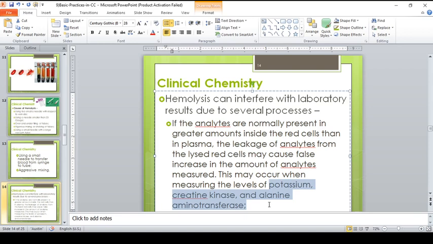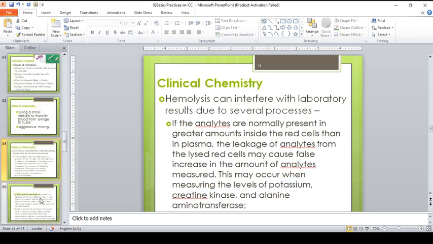Mali yung pagtaas ng level nila dun sa serum or plasma, kasi meron lang hemolysis. Kapag walang hemolysis, iba yung madedetermine na value compared kapag may hemolysis. So, anong ginagawa ng hemolysis? It increases the levels of the analytes. Kagaya ni potassium, tataas.